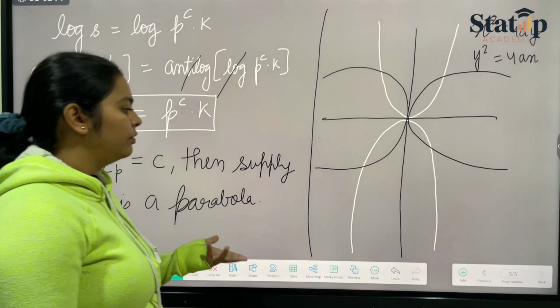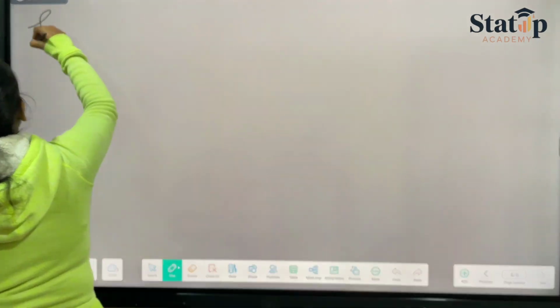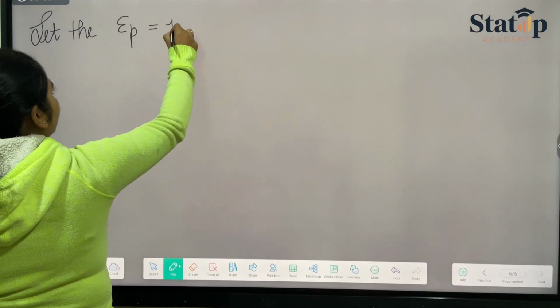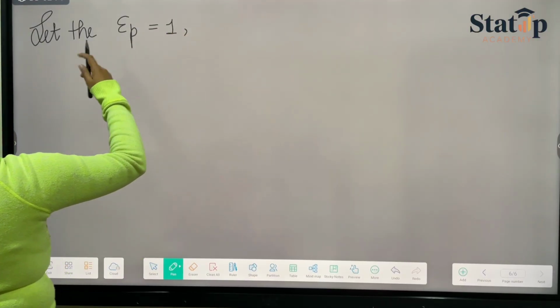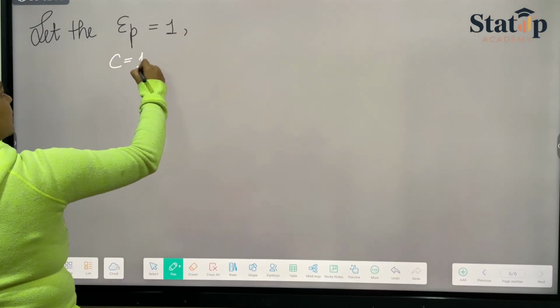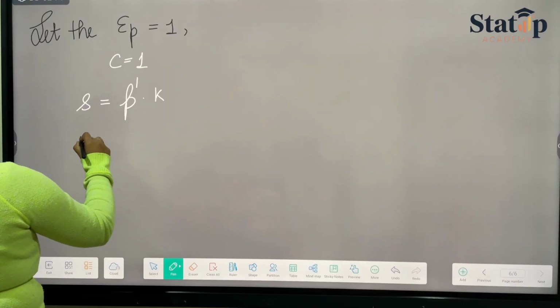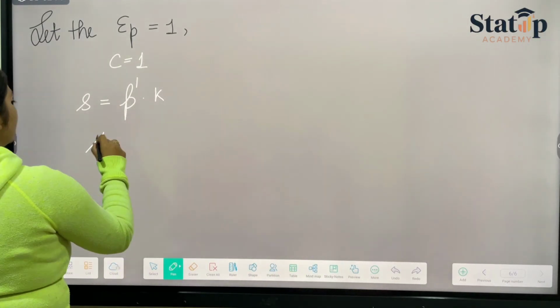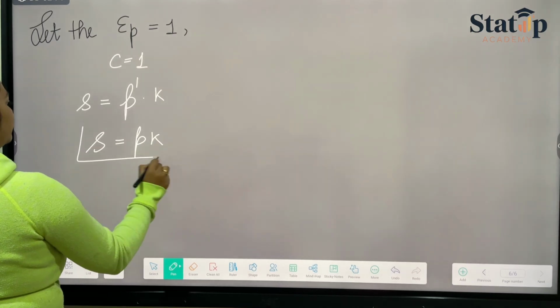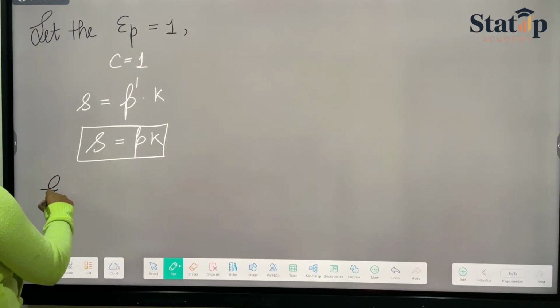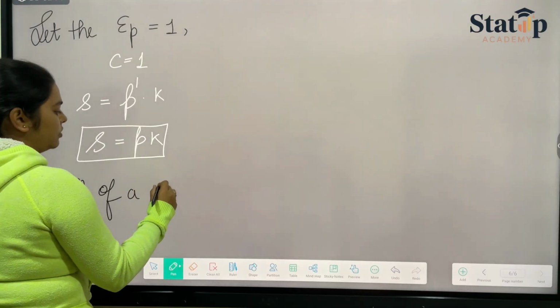And now if we say that the value of price elasticity of supply is 1, if it is unity, that means C is given as 1, then our supply function P raised to the power C into K is nothing but S equals PK, which is the equation of a straight line passing through origin.